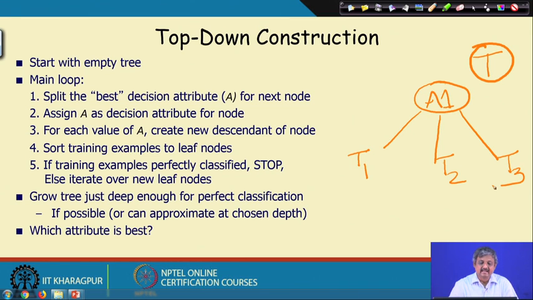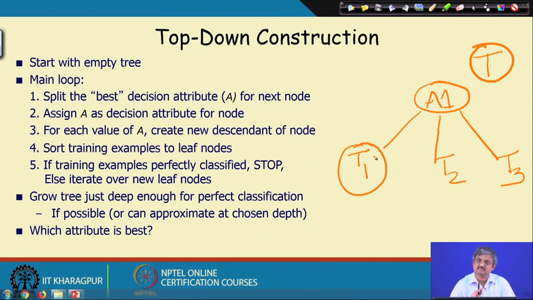Now, I recursively carry on. I start building a new tree here, but not using all these T examples, only these T1 examples. I decide what is the next best node to split.